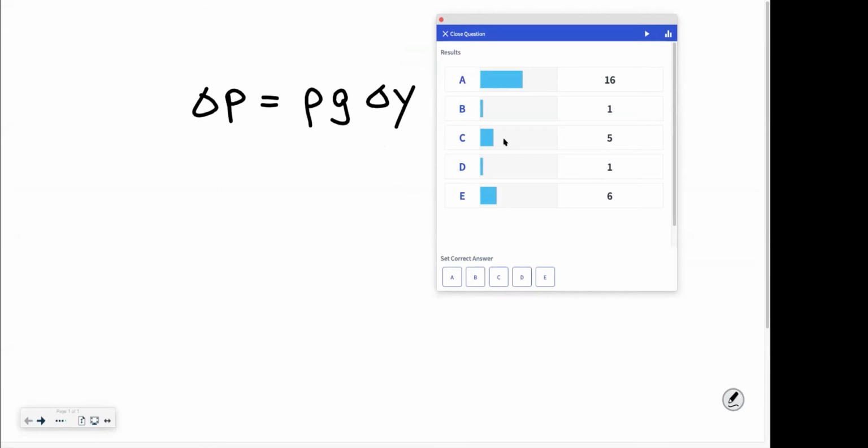The change in pressure between 2 points in a fluid depends on three things: the density of that fluid, the acceleration due to gravity, and the difference in height between two layers in that fluid.